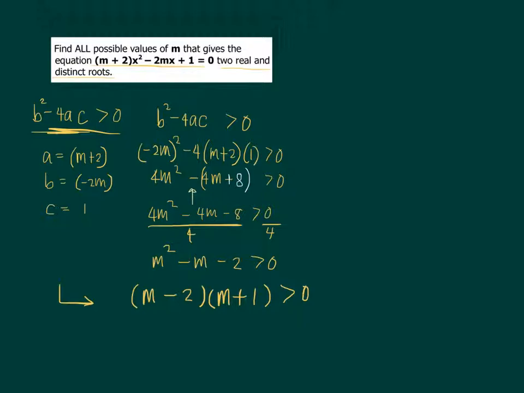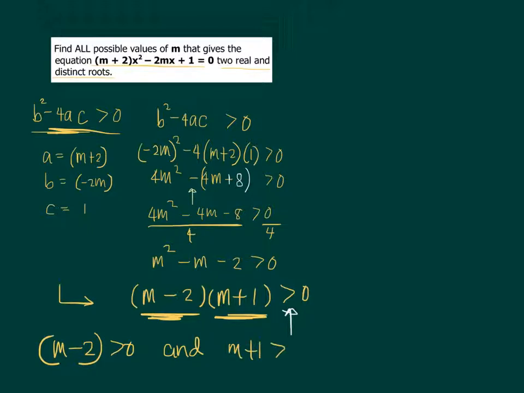Since we're solving an inequality, and we need it to be positive, we are forced to make m minus 2 greater than 0, and at the same time m plus 1 is also greater than 0. Now the other case would be m minus 2 is less than 0, and at the same time m plus 1 is also less than 0.